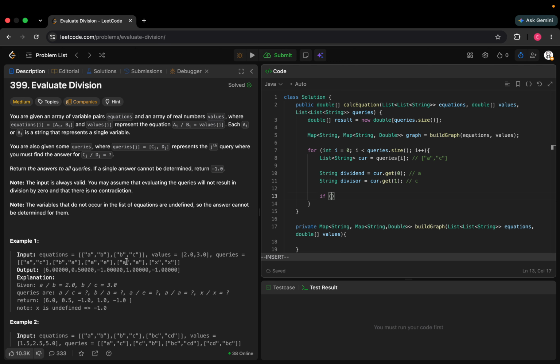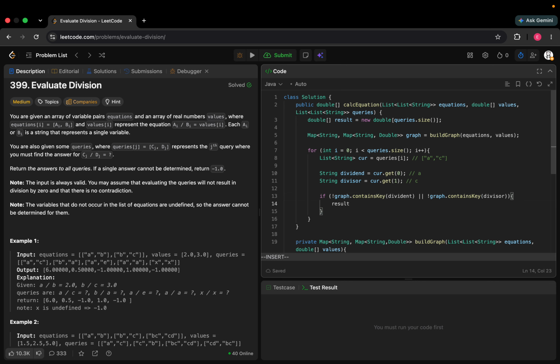Now we have some conditions. If the variable is not included in the list, which means the graph does not contain key dividend, or the graph does not contain key divisor, then we set result i equal to -1.0. The other condition is that they are the same.